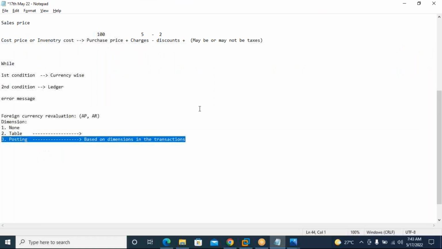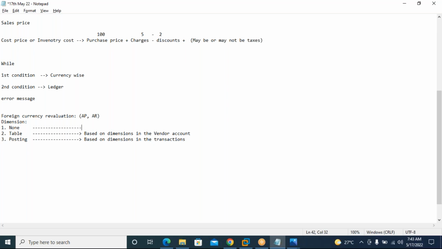That is table. So, dimensions in the vendor account. This is, I don't want any financial dimension. Understood? Any questions here?